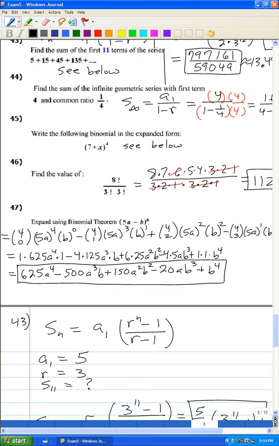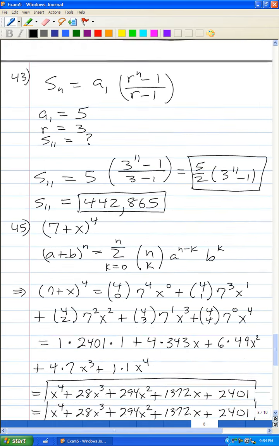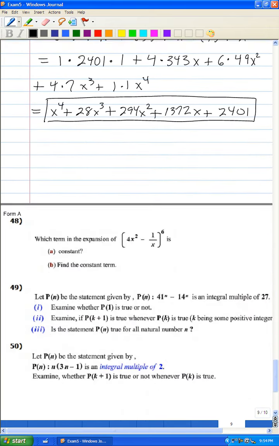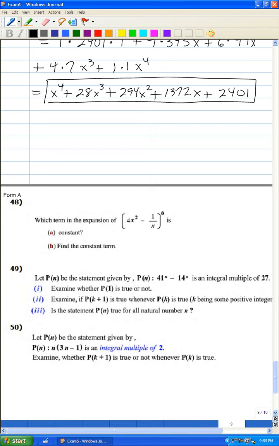And so, let me do problem number 48. Which term of this expansion is constant? So first let me just look at the terms involving x and just look at the exponent. So I know the exponent's got to be 0.